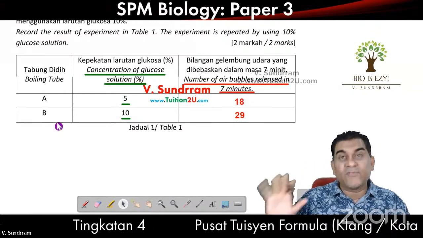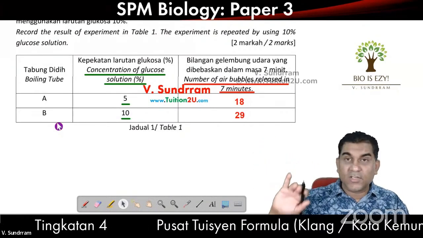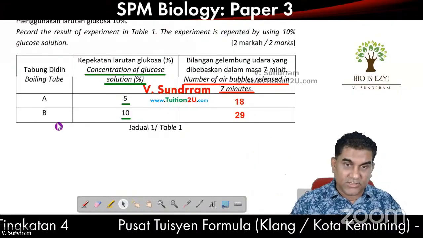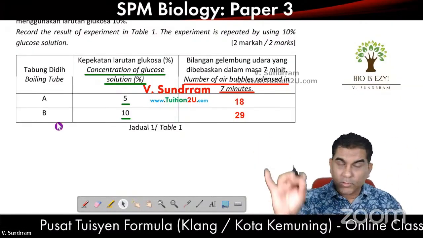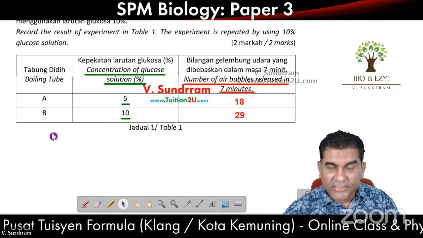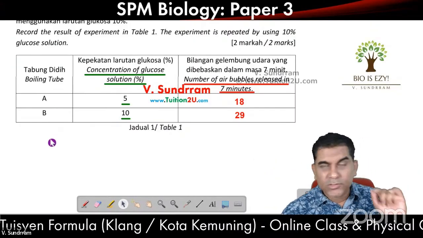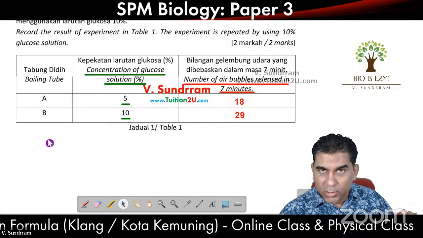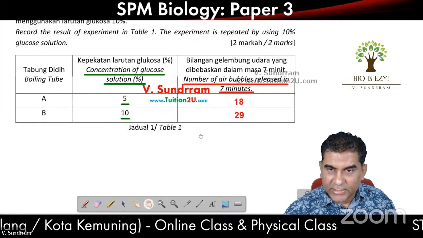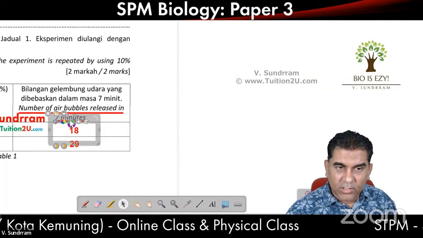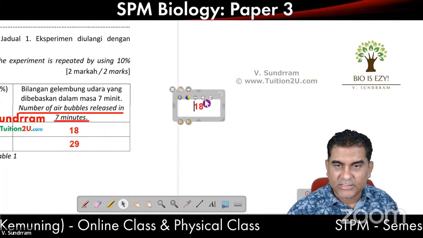But let's assume if this one comes out, and instead of giving 2, they give you 3 concentrations, 5%, 10%, 15%, for example. So when you have 3 data, you must choose the highest and the lowest responding variable. So if I write it at the side here, if it's more than 2, you must use the highest or the lowest.